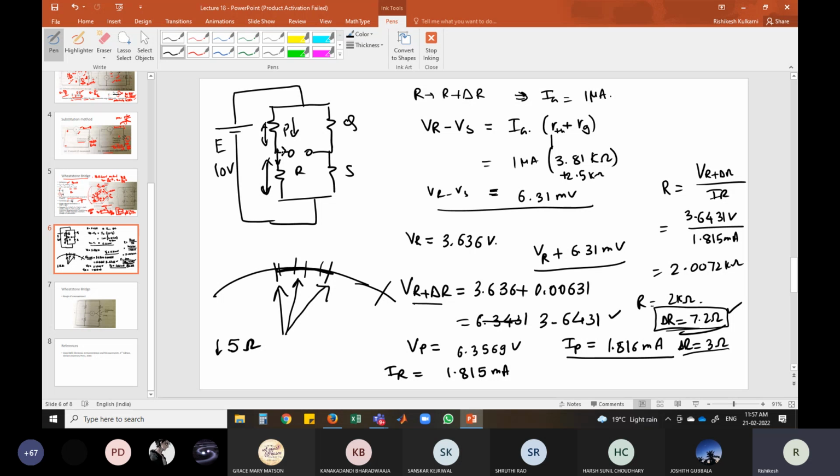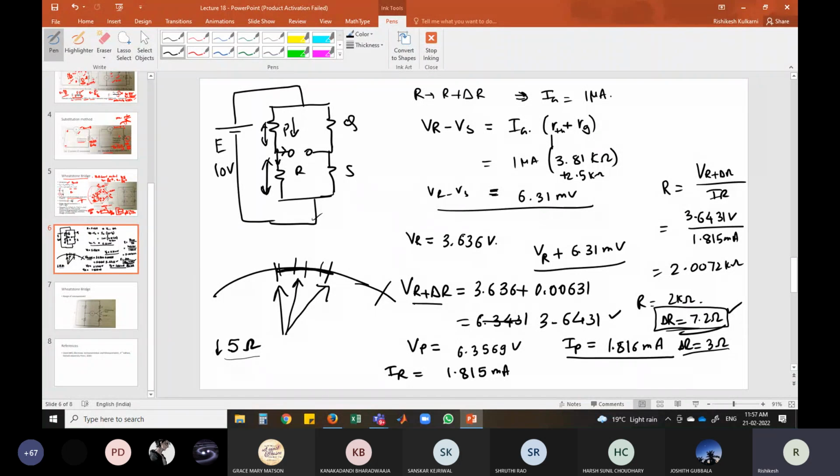For very high resistance measurement, like mega ohms used for insulations, we have a special mechanism. But in between, Wheatstone bridge is a very popular choice.